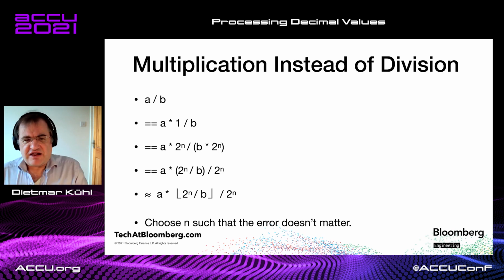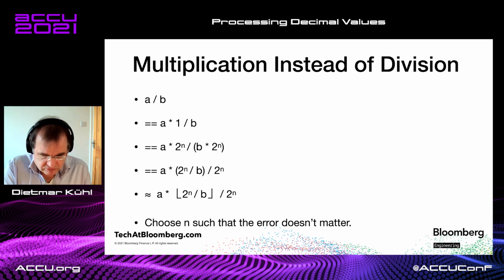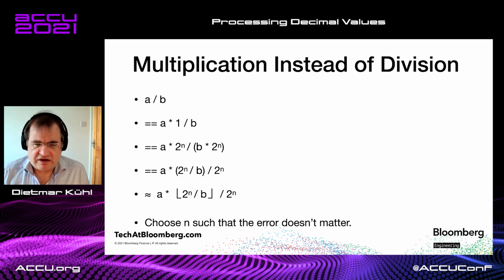Now, if you scale 1 divided by B by 2 to the power of n, multiplication or division by powers of 2 is fast. So we can actually represent the factor over here as an integer, and then the result we need to divide by 2 to the power of n.